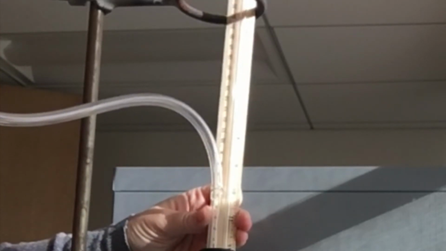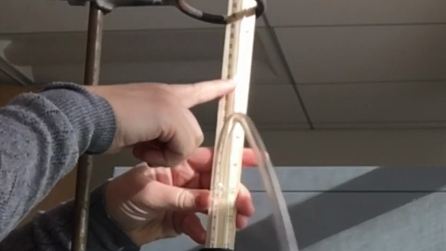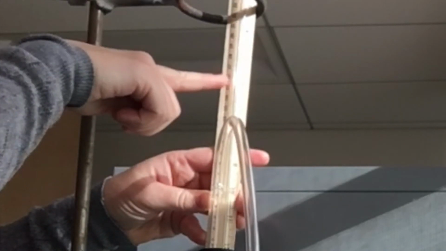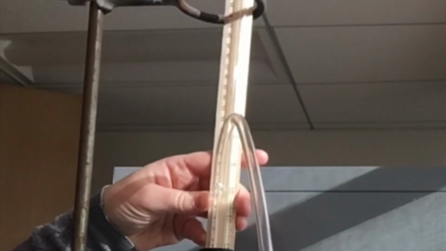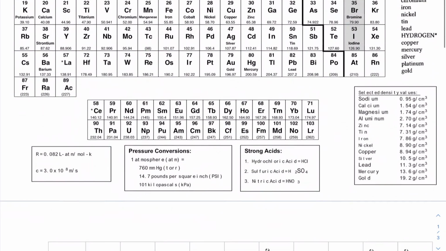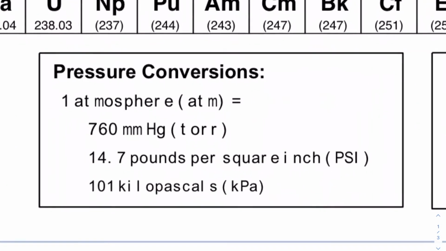So if I blow a little bit and I get it steady, I could say that the pressure of the air I'm putting into here is roughly 160 millimeters.